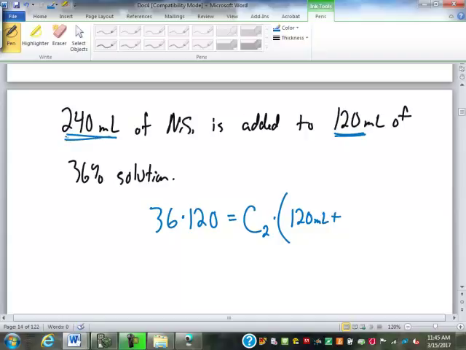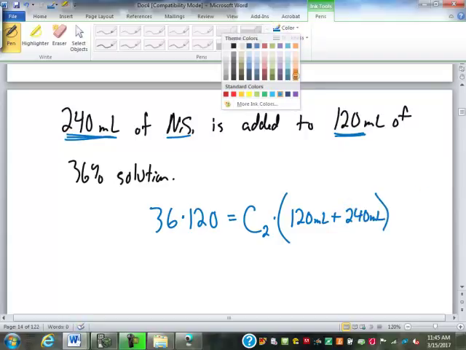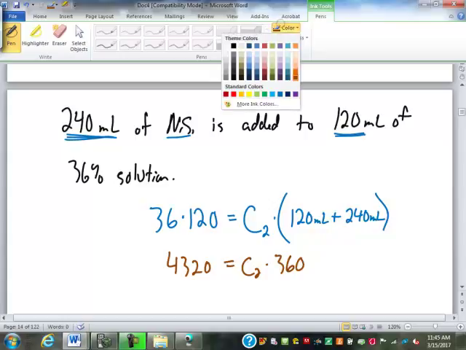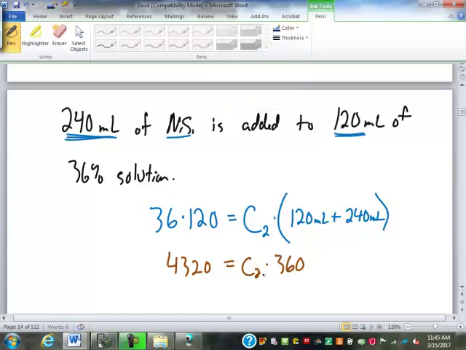Because here it says 240 milliliters of saline is added to it, not that the total volume is 240 after it's diluted. So 36 times 120 is what, 4320, I believe, equals C2 times adding the 120 and the 240 is 360. And now we can go ahead and divide by the 360.